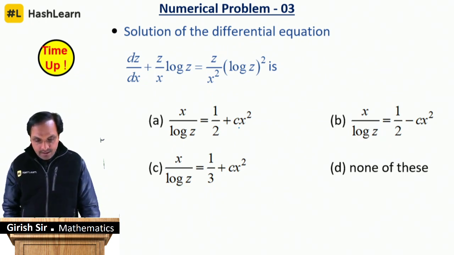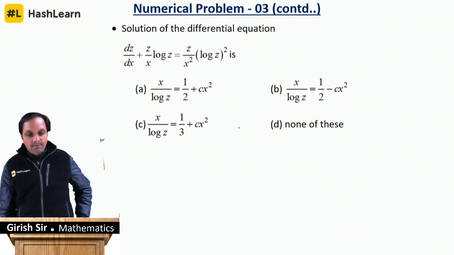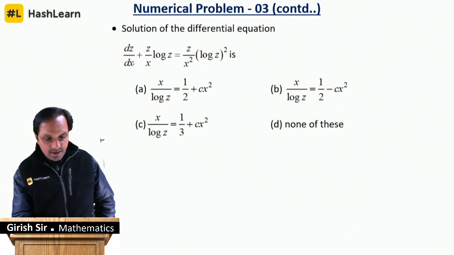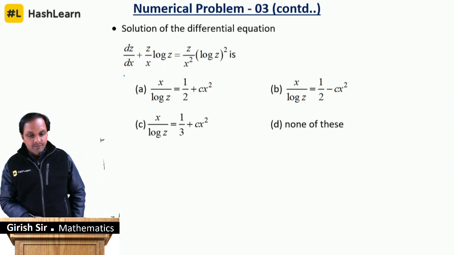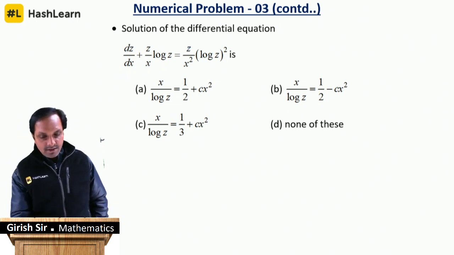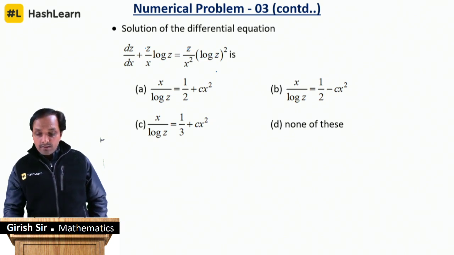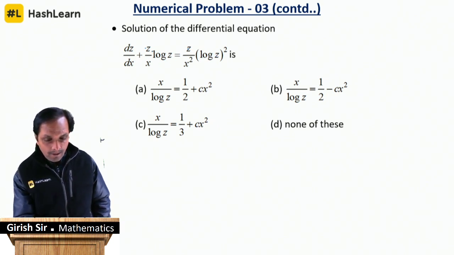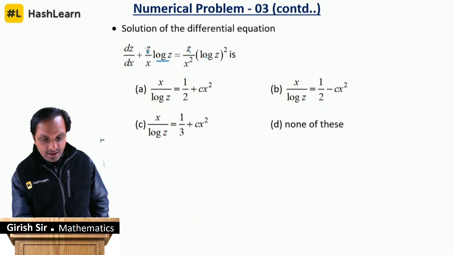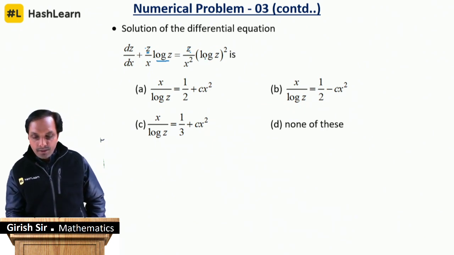Okay. See, when you look at the problem, there is z term and dx term is there, and z log z whole square. Here z log z, z log z, z into log z square. So what do you do?